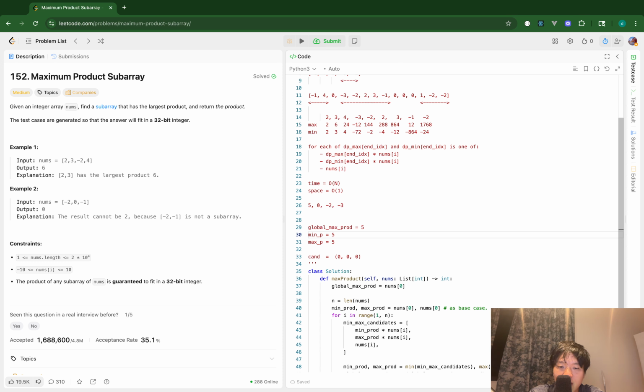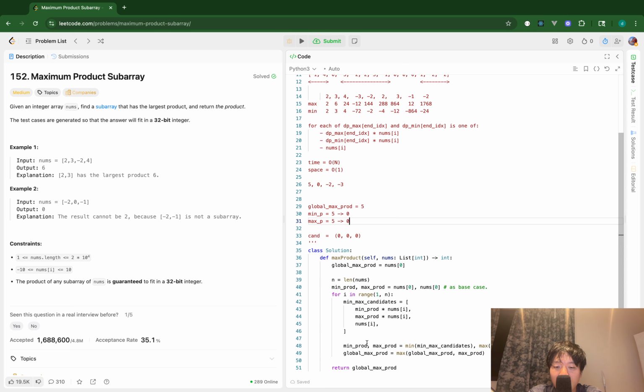Yes, this is correct. So min p is updated with 0, and max p is updated with 0. And I don't update global max product in line 49 because it's already 5, which is larger than 0.